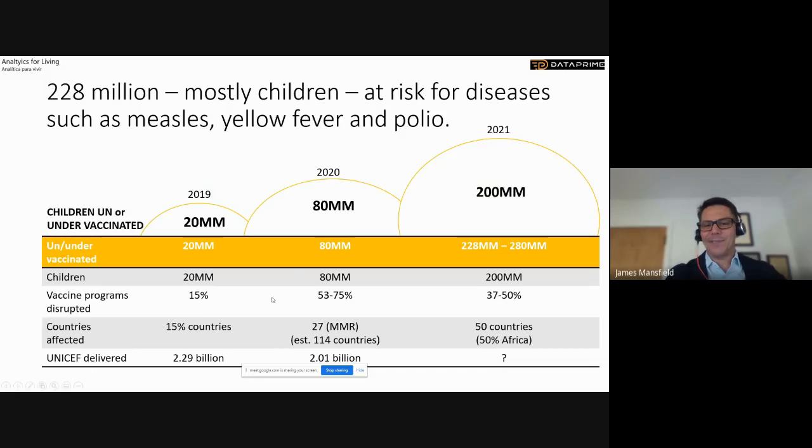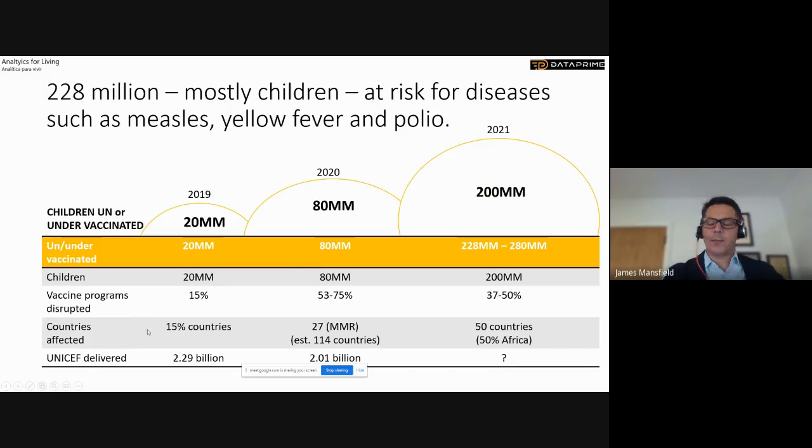When COVID hit, roughly half, even up to 75%, of those vaccine programs were disrupted. So that's what caused the 80 million. Now, looking forward to March and April, we're seeing 37 to 50% of those vaccine programs not occurring. In turn, that's what's increasing the number cumulatively.